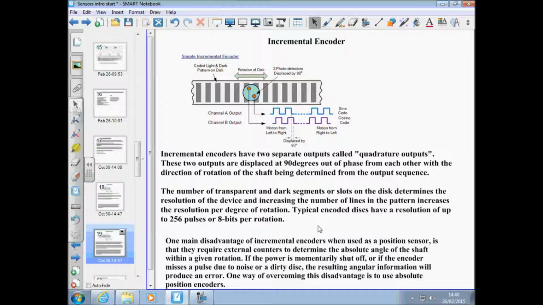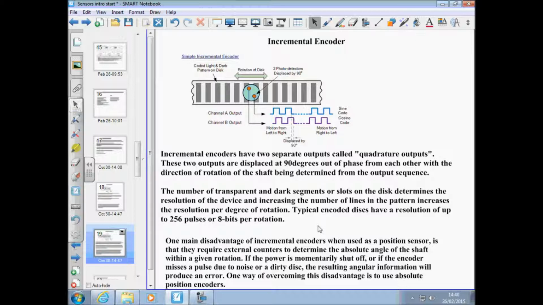So, these two outputs are often called quadrature outputs because they're 90 degrees out of phase with each other. Okay. Now, the other thing about these is the number of segments or slots determines the resolution of the device.